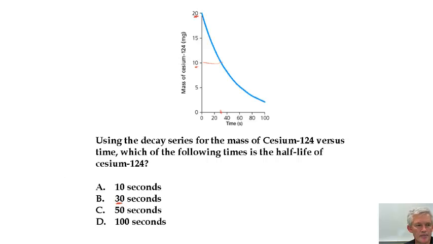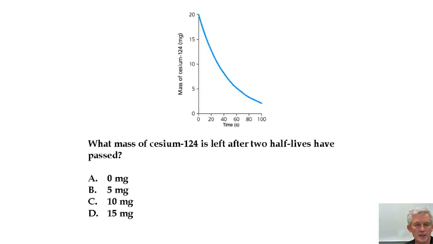Right. How about this one? What mass of cesium-124 is left after 2 half-lives have passed? So we're looking at mass. How long did we say 1 half-life was? We said that 1 half-life was going to be 30 seconds, so 2 half-lives is going to be 60 seconds.